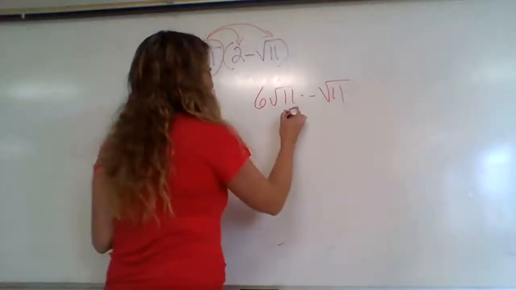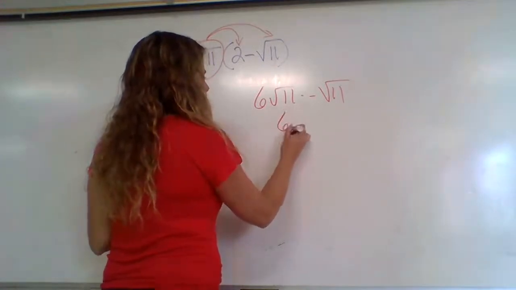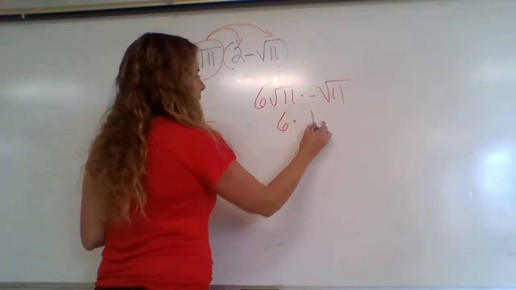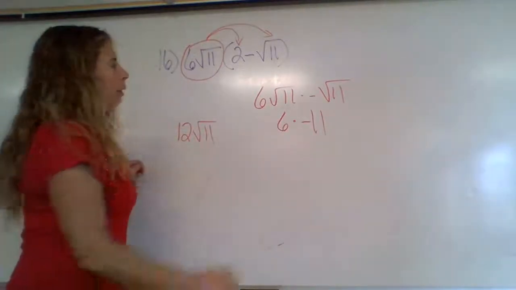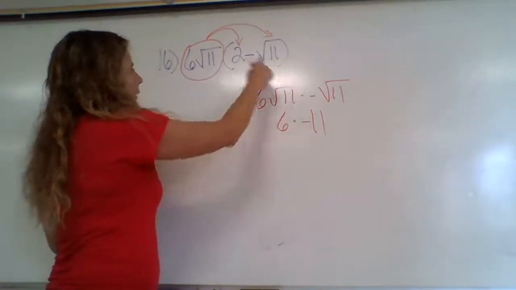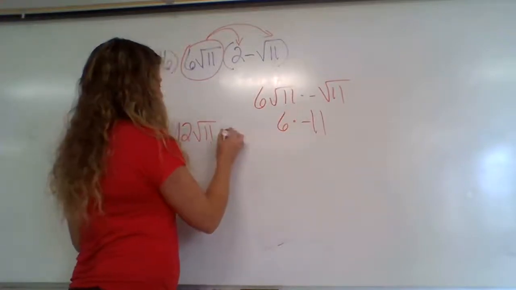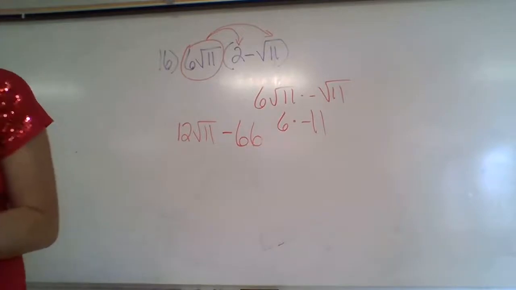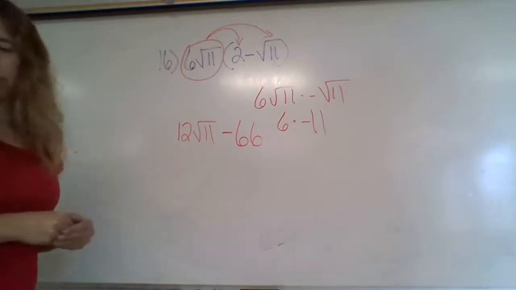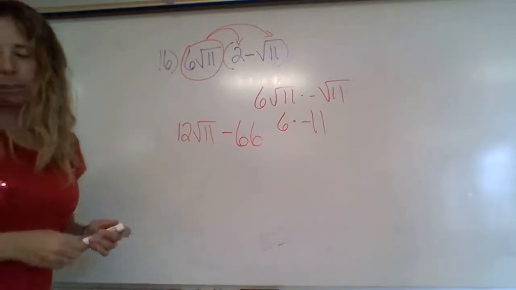So then that becomes 6 times 11, but you have this negative sign. So that's 66, so minus 66. All right, so that was number 16.